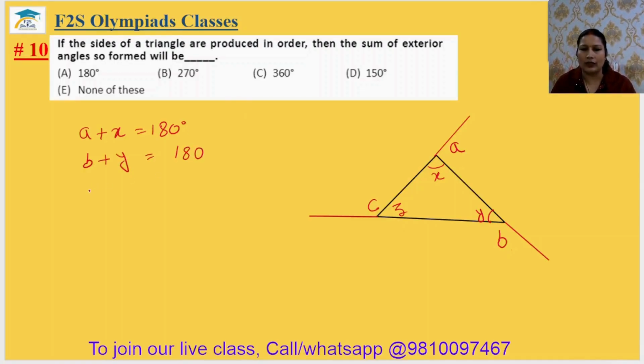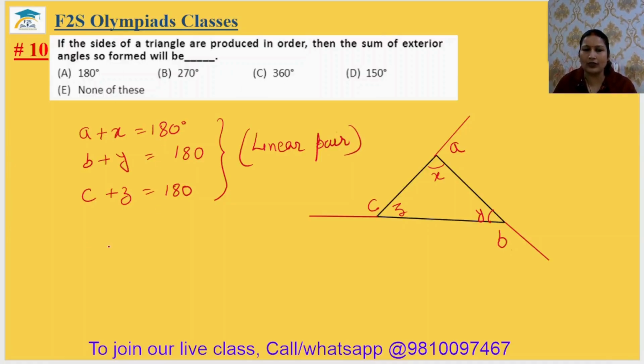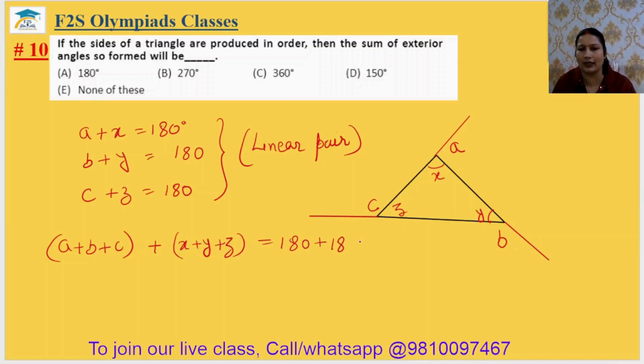Same thing, and C plus Z equal to 180 degree. Why? Due to the linear pair property. After adding all these three, you can write here A plus B plus C plus X plus Y plus Z equal to 180 plus 180 plus 180.